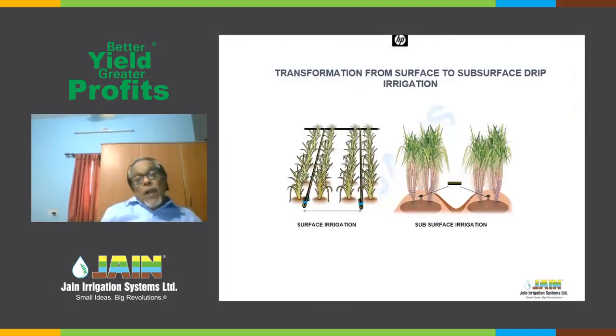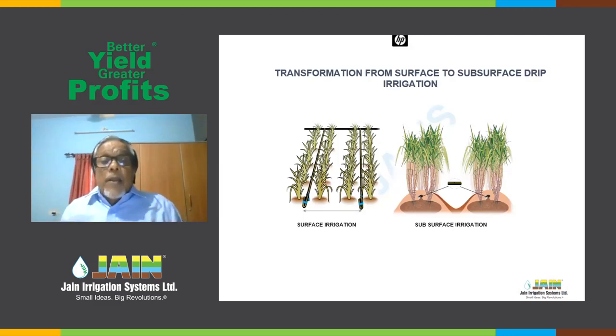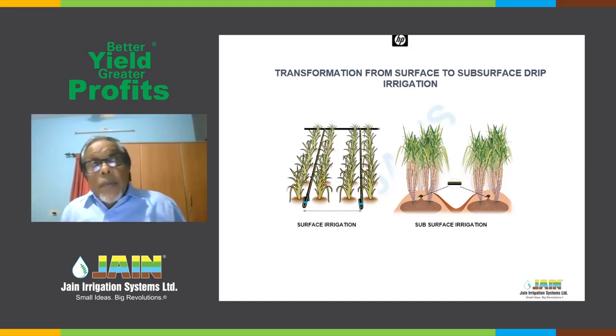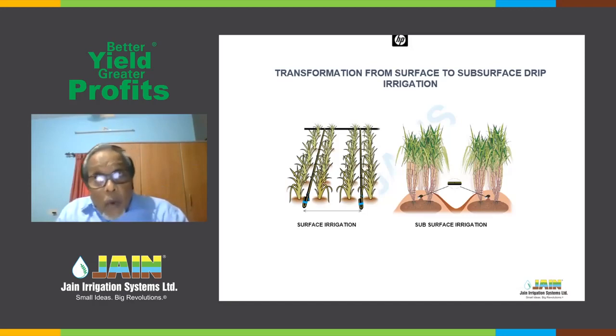Now we are going to take up another totally different area, subsurface drip irrigation. We have talked about the placement of drip lines, the crop geometry, everything, and how optimizing always happens when the drip line is on the surface. What will happen if they are buried? We have done quite a large area of subsurface drip for sugarcane especially.